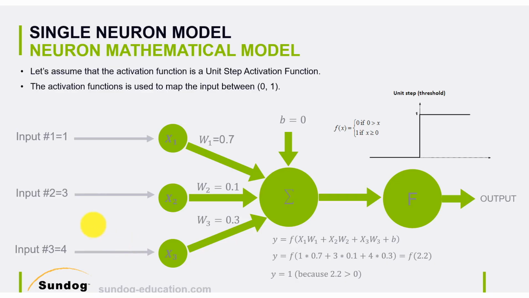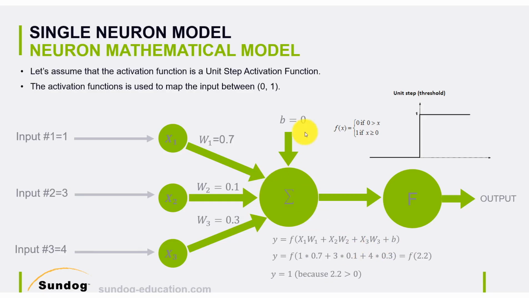Our input 1 is multiplied by the weight, which is 0.7. That's the first step: 1 times 0.7. Then input x2 is 3, so 3 times 0.1. And we have 4 times 0.3 for my third input.